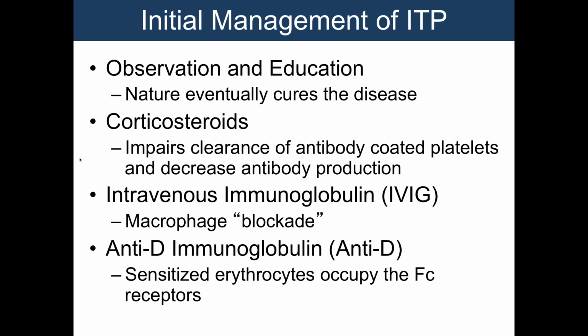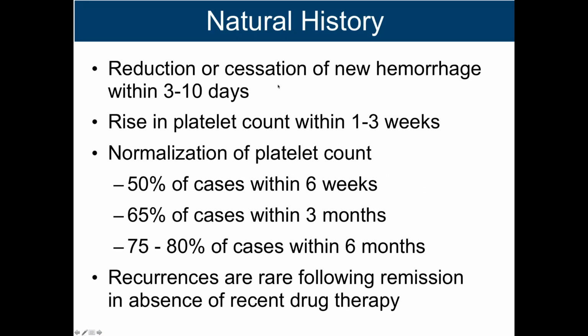And in addition, we have anti-D immunoglobulin, which works by sensitizing Rh-positive erythrocytes so that they occupy the Fc receptors and our platelets get to escape and come out the other side of the spleen, if you will. So why is observation a good option?